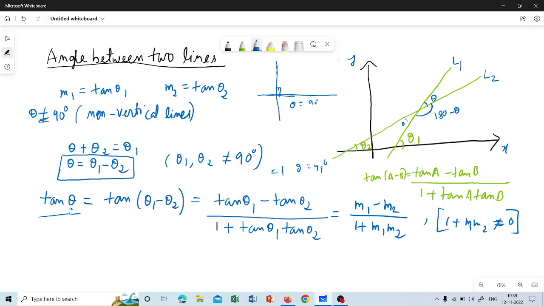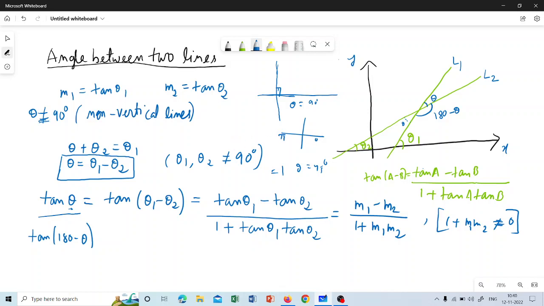Similarly, I have said that 180 minus theta is also an angle between two lines. So let me compute that also. 180 minus theta. If you know some trigonometry, tan theta is negative in the second quadrant. So this is 0 degrees, this is pi, 180 degrees.